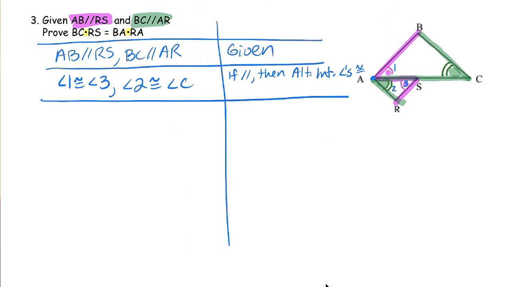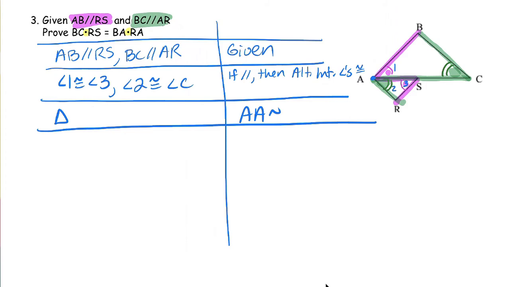Now that I have 2 pairs of angles congruent, I can use angle-angle similarity in order to prove the triangles are similar. If I say ABC, then I would say similar to, remember that A is where the angle 1 is, and angle 1 is supposed to match with angle 3. Angle 3 is where the letter S is.